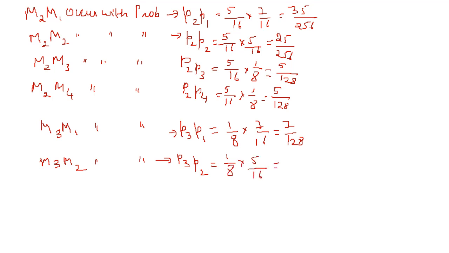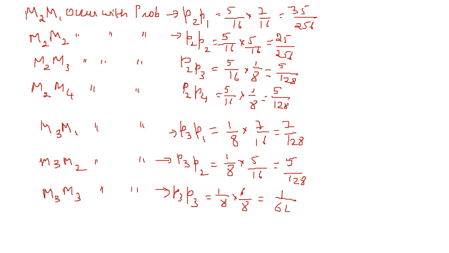So we'll get the answer as 5 by 128. The next message symbol is M3, M3, which will occur with probability P3 into P3. P3 is 1 by 8 and P3 is 1 by 8, so we'll get the answer as 1 by 64.